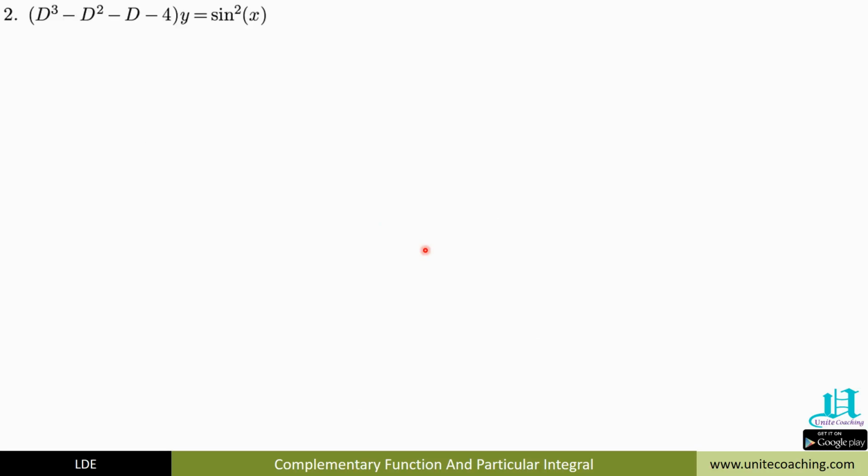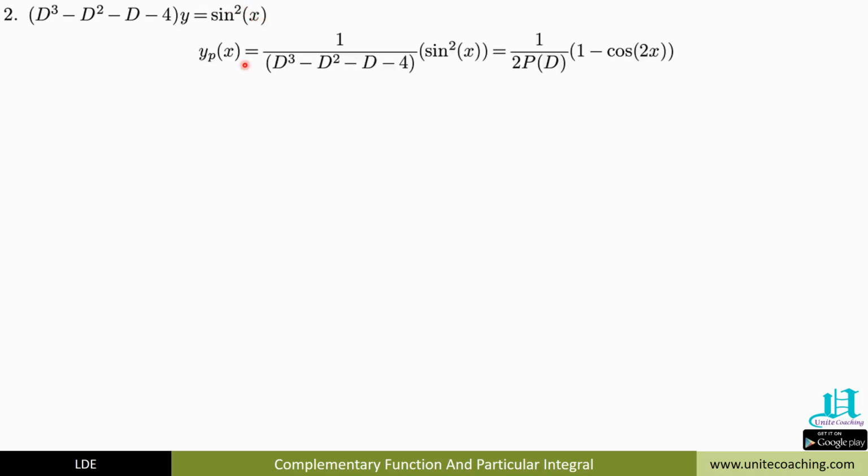Alright, so for this case the polynomial function is this, and the f of x is the same as in the previous case, that is sin square x, and we can replace this by 1 minus cos of 2x divided by 2, right? So yp of x for this case will be what? Yp of x will be 1 upon p of d applied on f of x, and for this we replace this by 1 minus cos of 2x divided by 2 into p of d, right?